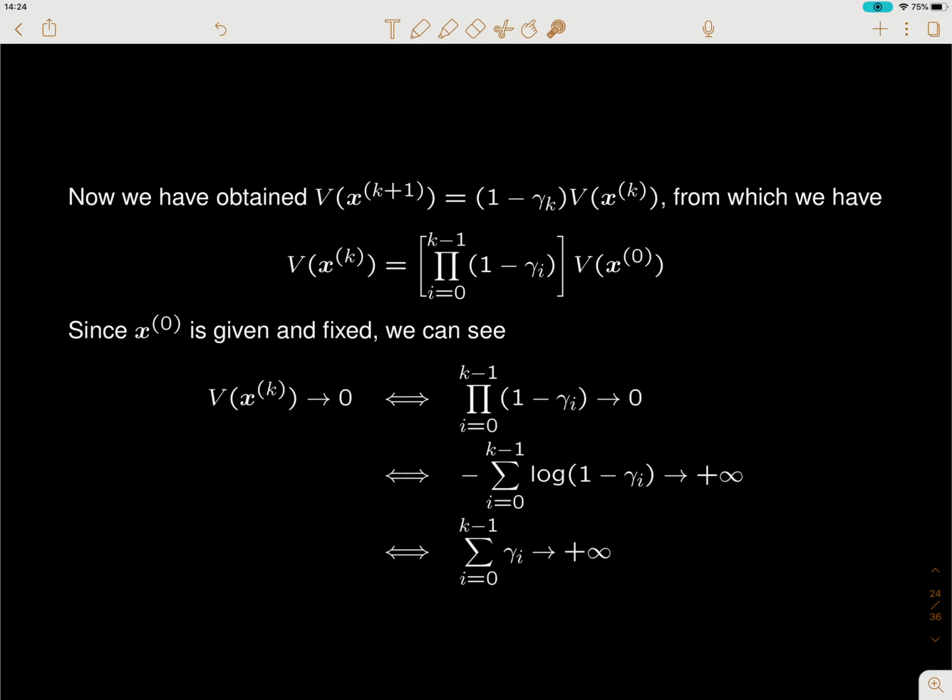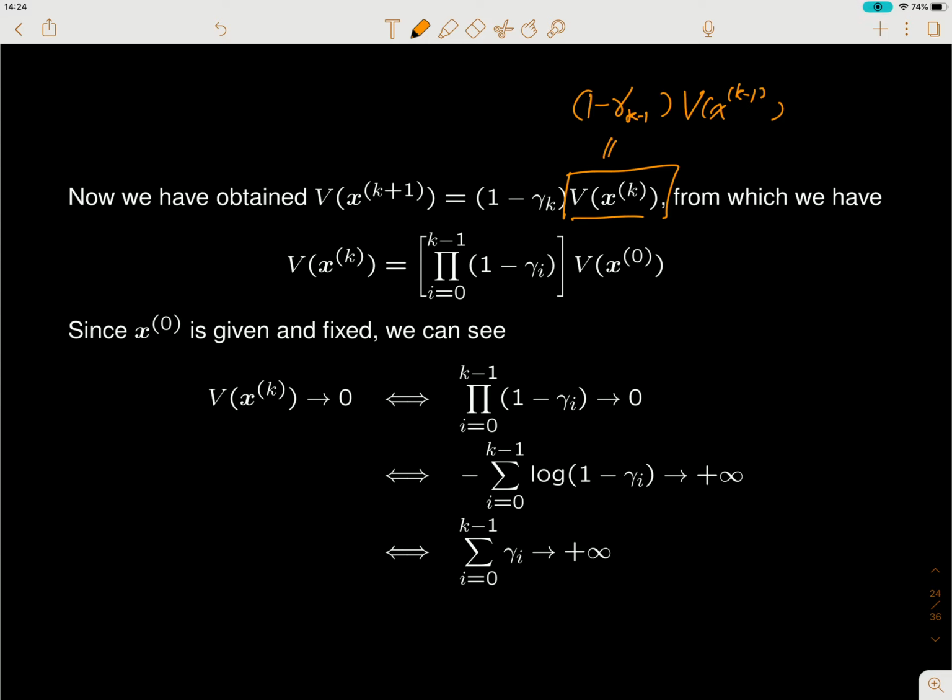Okay, so we can see this by iterations, because v of xk plus 1 is equal to 1 minus gamma k times v of xk. And then we focus on the v of xk here. So this should be equal to 1 minus gamma k minus 1 times v of xk minus 1.